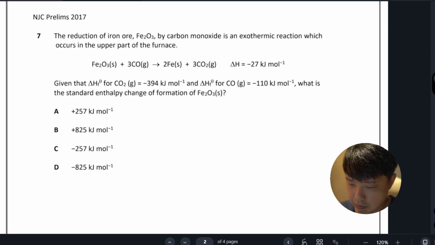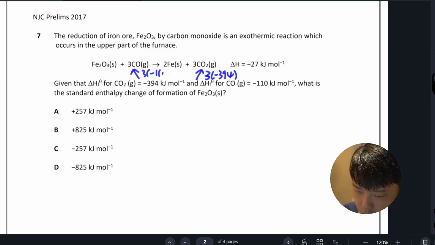Okay, question 7, you have delta H for this reaction. You're given delta H formation of O2. There's 3 of them, 3 times minus 394. Delta H formation of CO, also 3 times minus 110.